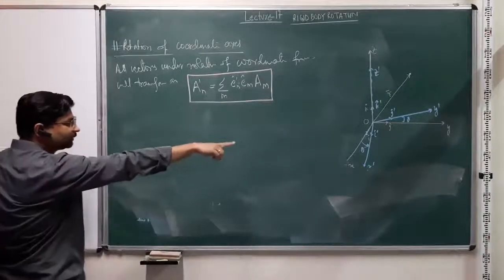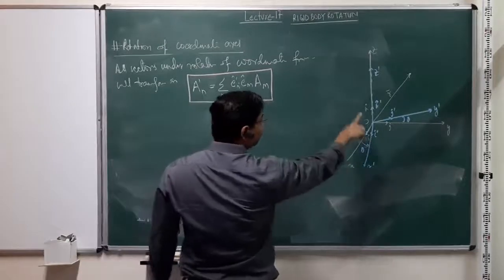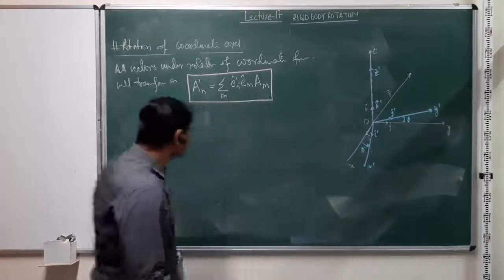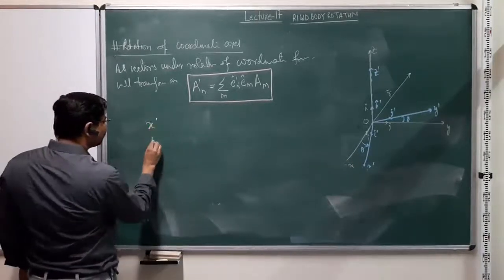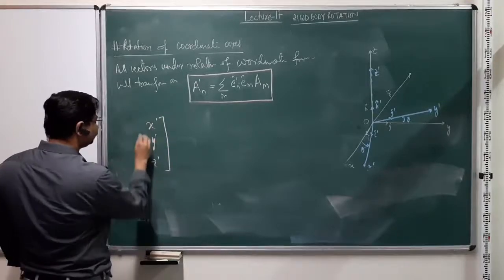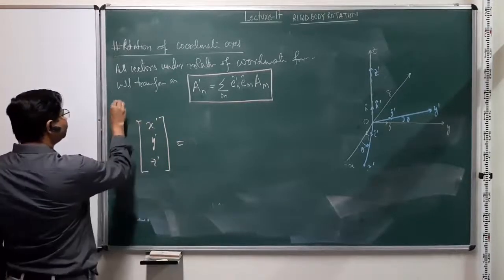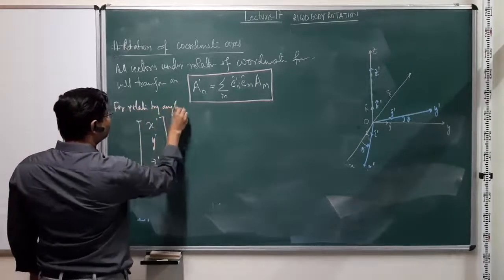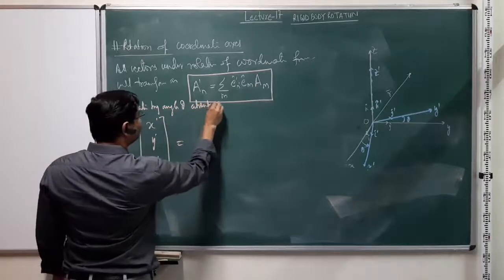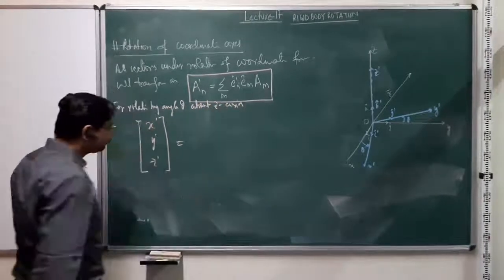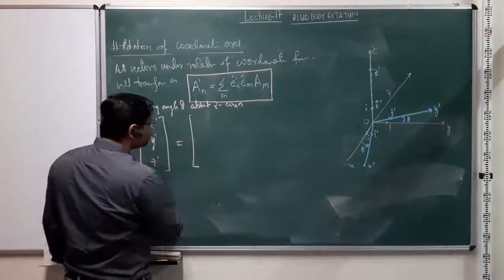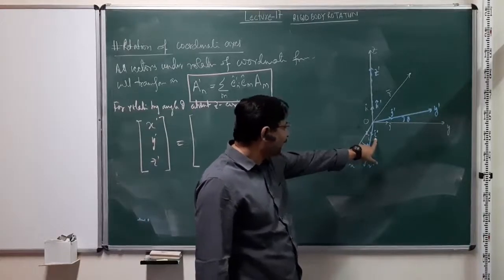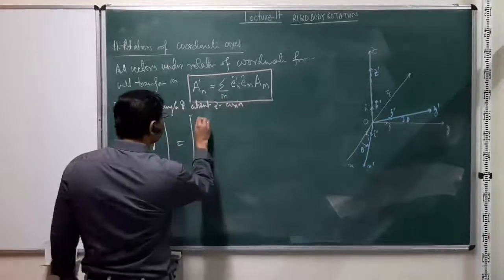And now for the particular case of this system where the rotation is about the z-axis and it's only in the xy plane with angle theta, right? So in that case, my x prime, y prime, z prime, so for rotation by angle theta about the z axis, my x, y, z are now. So now we have to find out these 9 components. So you can see i prime dot i is simply cos theta.